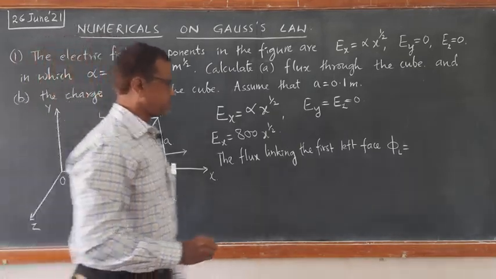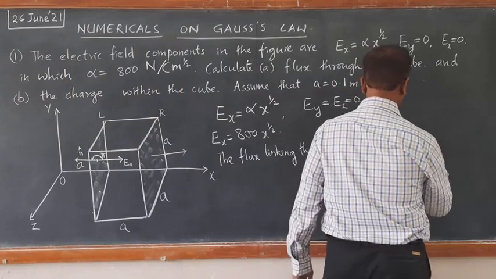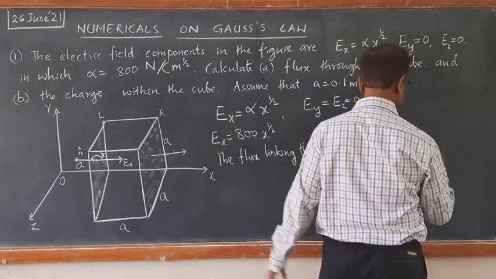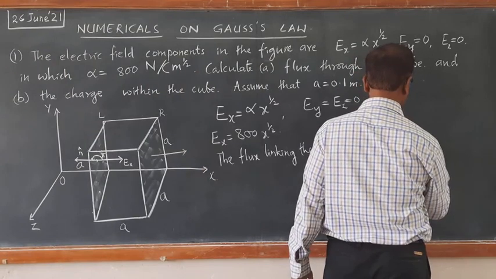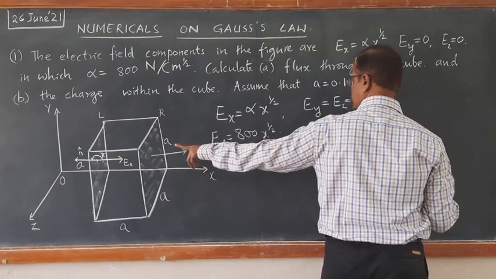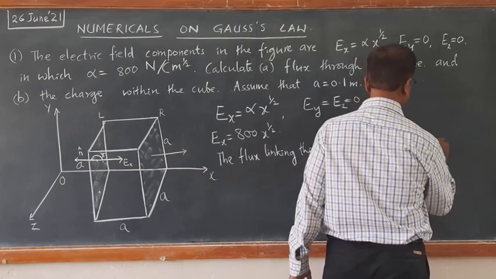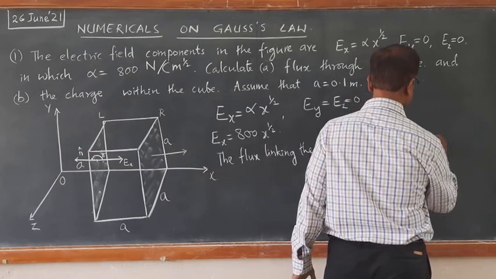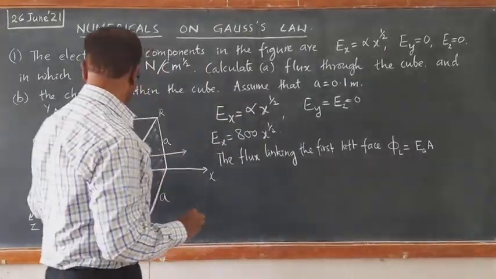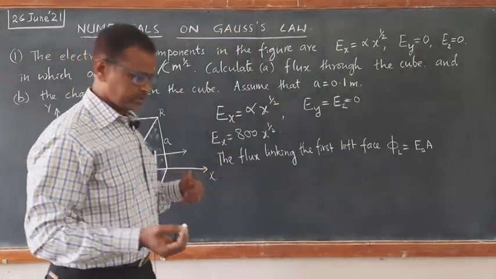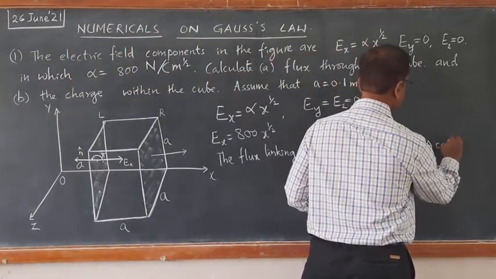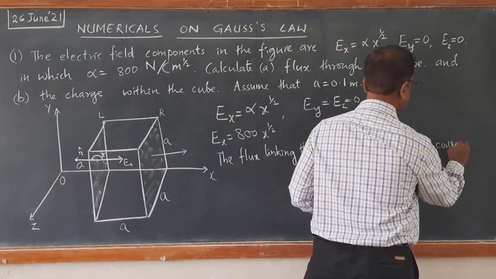So phi L now can be written as E, the electric field at that place, E at A, into the area vector. Let the area vector be A, which is nothing but small a square. So EA into A into cos 180.